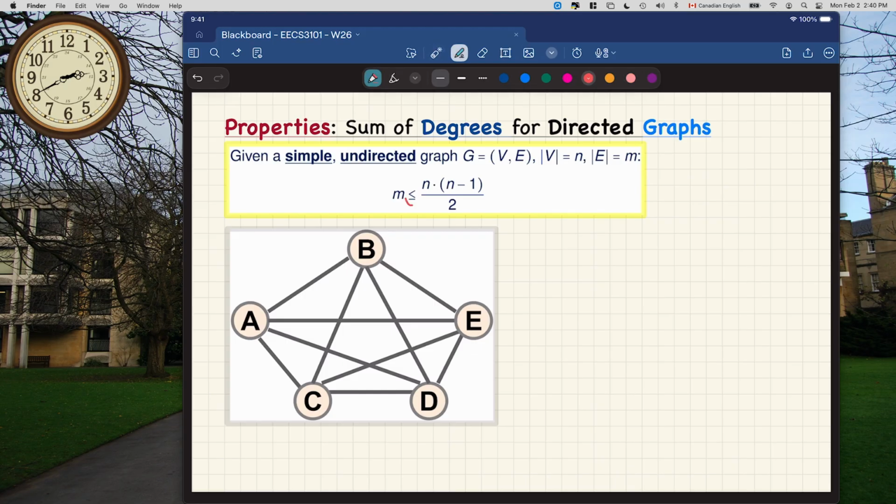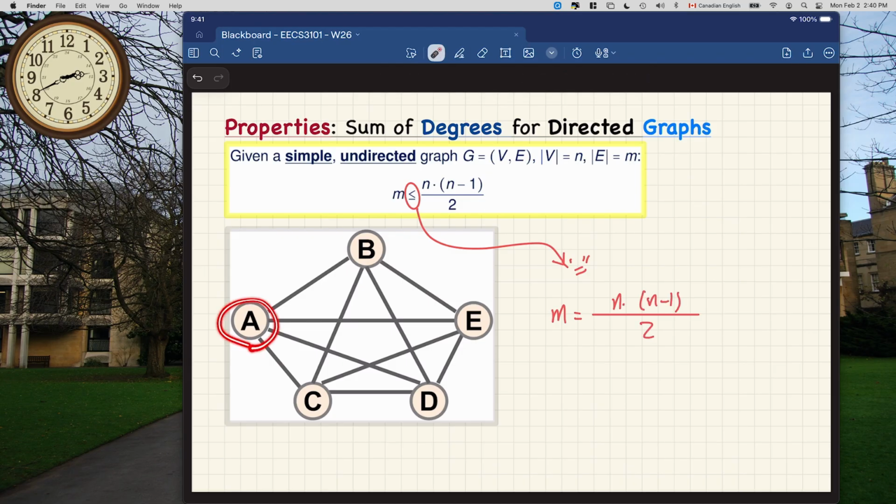So I just want to mention that there's a very important definition, for when equality is actually the case. That means your number of edges is exactly equal to n times n minus 1 divided by 2. Meaning that for every vertex in the graph, you have connections to all other vertices except itself.